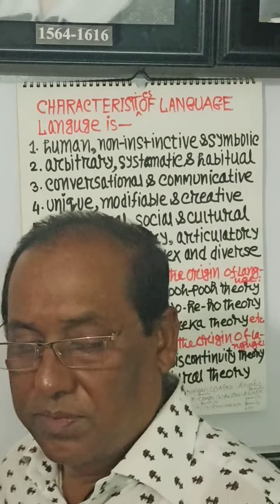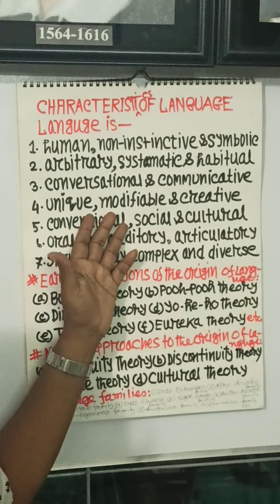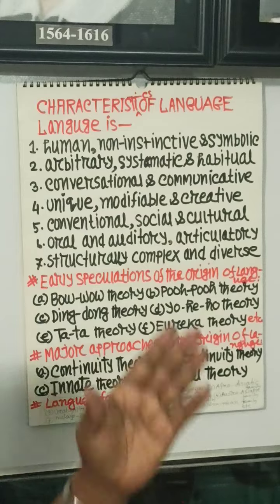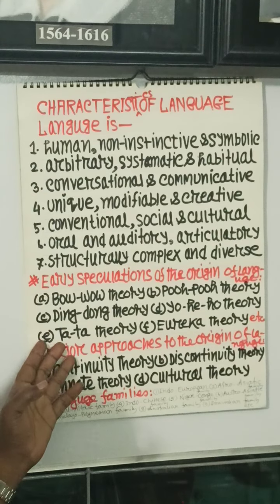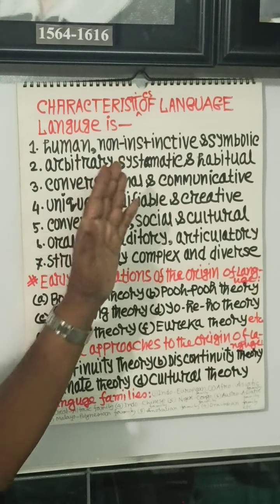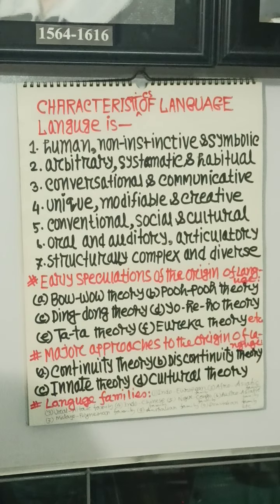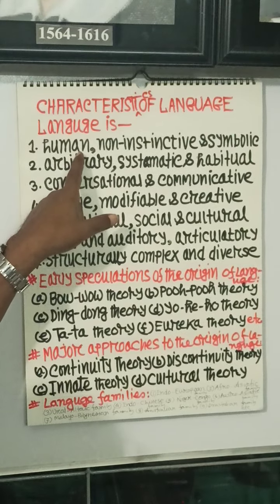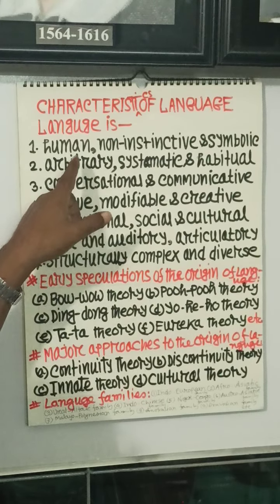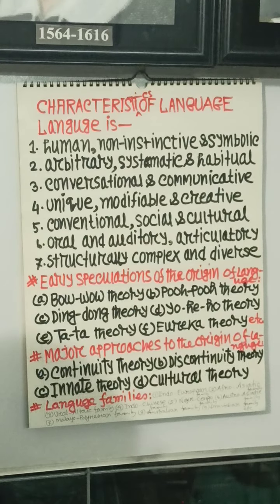My dear students, please look at the whiteboard, and I have given the characteristics of language through some points. At first, language is human, non-instinctive and symbolic. By this, I have focused on 3 important characteristics of language.